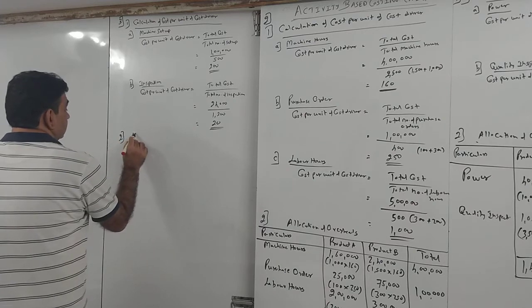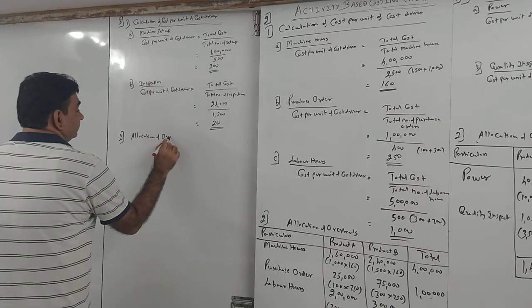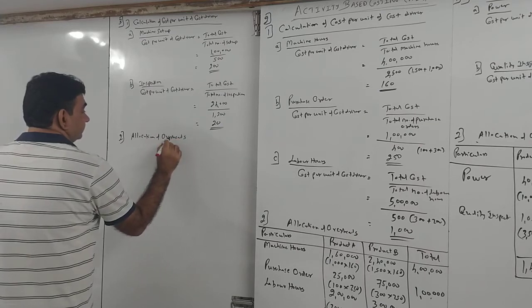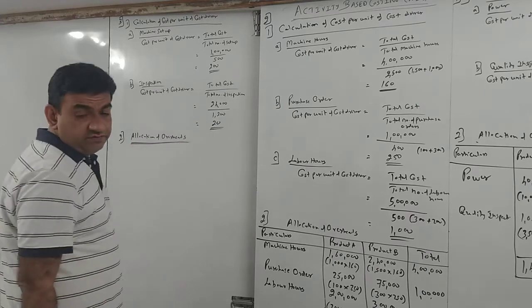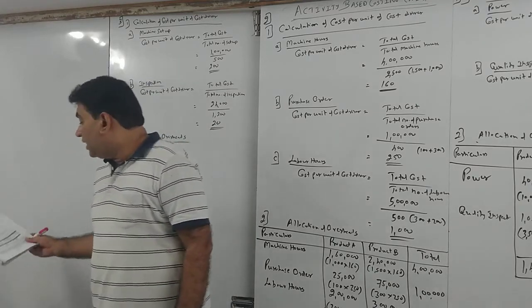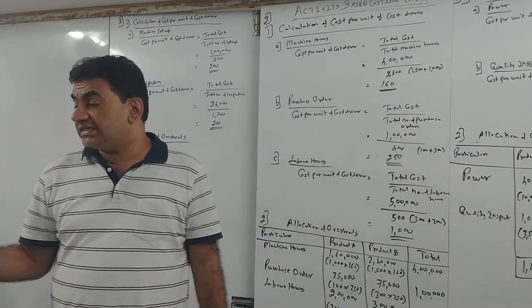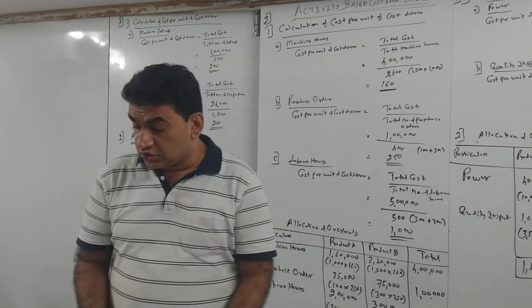Second, allocation of overheads. Allocation of overheads. अभी देखो यहाँ पे क्या बोला है तुमको, number of inspections के हिसाब से and number of setups. They have given you number of inspection is 2. ठीक है?